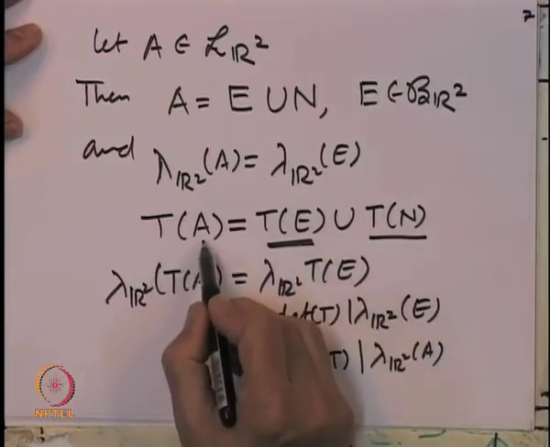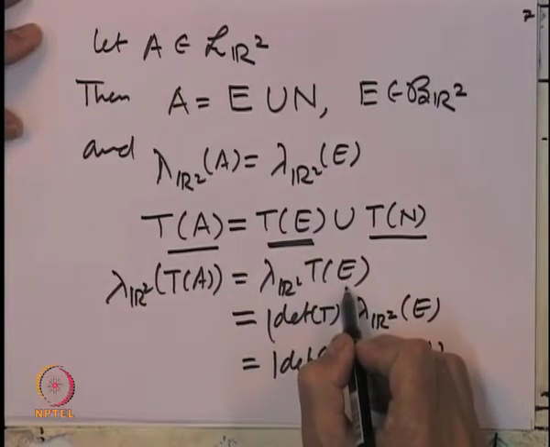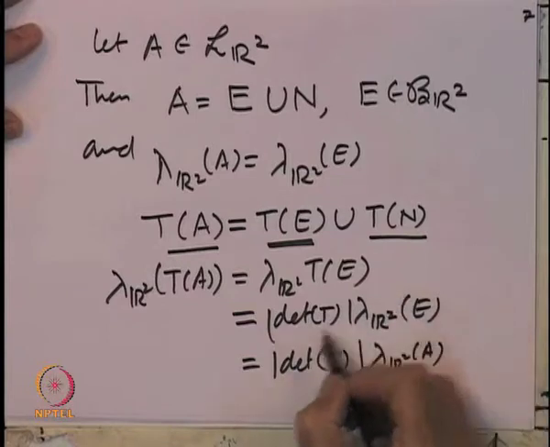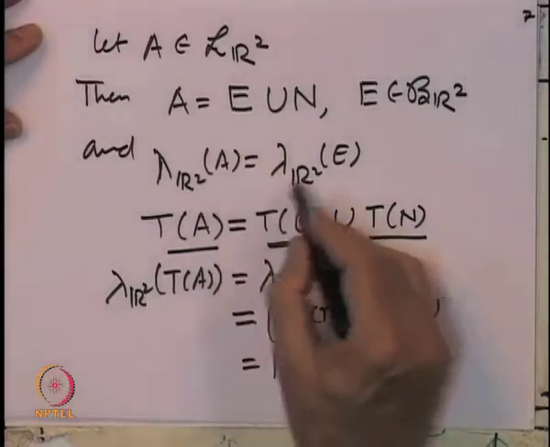So, Lebesgue measure of T of A will be nothing but the Lebesgue measure of T of E, which by the earlier case is determinant of T times Lebesgue measure of E, and Lebesgue measure of E is the same as the Lebesgue measure of A.